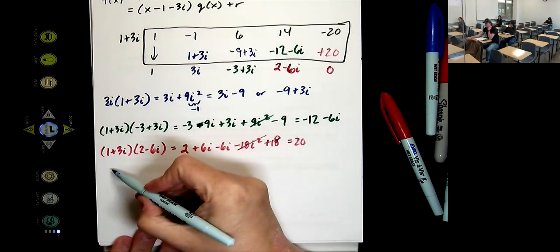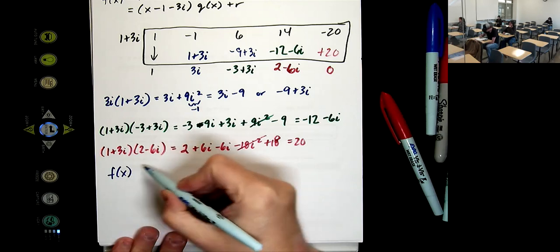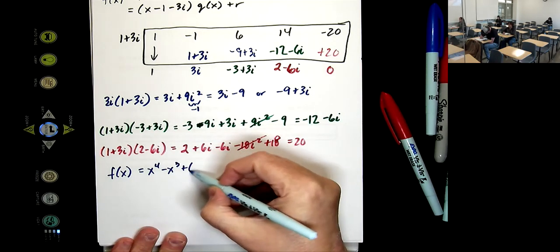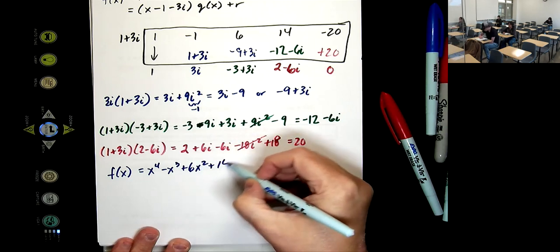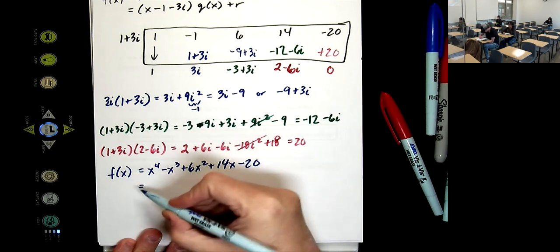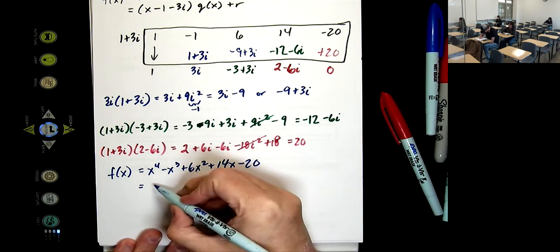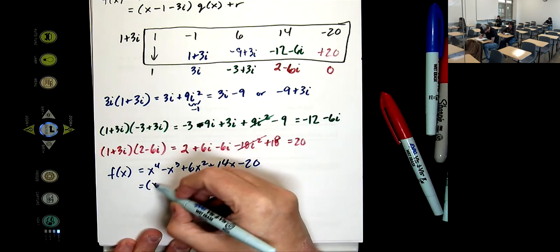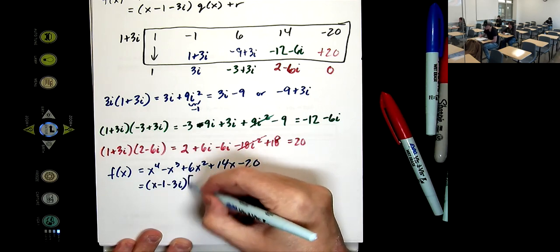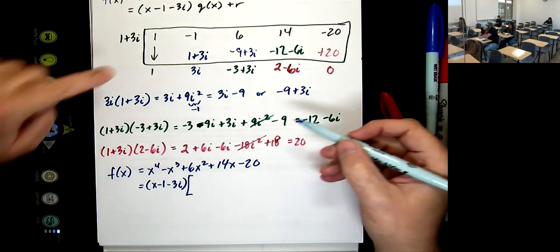But what it means is we can write f of x, which was originally x to the 4th minus x cubed plus 6x squared plus 14x minus 20. That's what we started with. We can rewrite this as x minus 1 minus 3i times some crazy stuff.